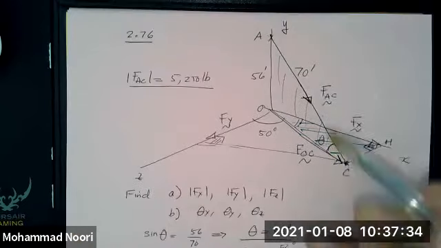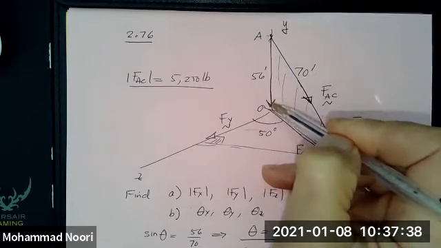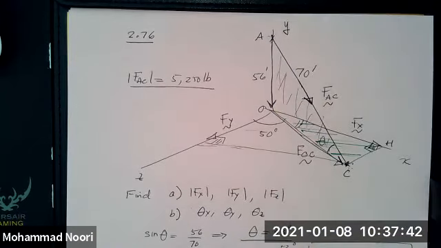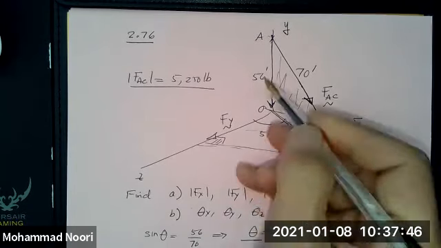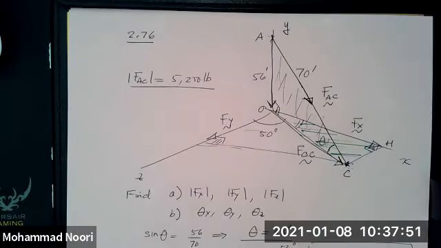The y component is this. This is the y component, in this triangle, which is a right angle triangle.